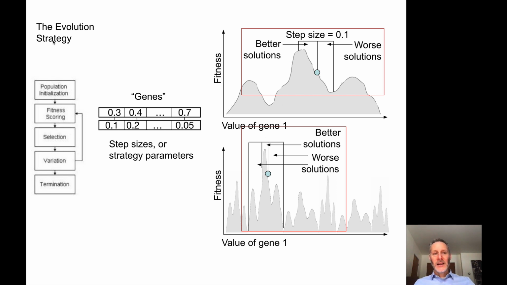An evolution strategy, if it's running on a fitness landscape that's relatively smooth, those step sizes will evolve to be bigger so that things are jumping around more. An evolution strategy that's running on fitness landscapes that are rougher, like this one here, will start to evolve step sizes that are smaller. We'll see less and less differences between children and parents.